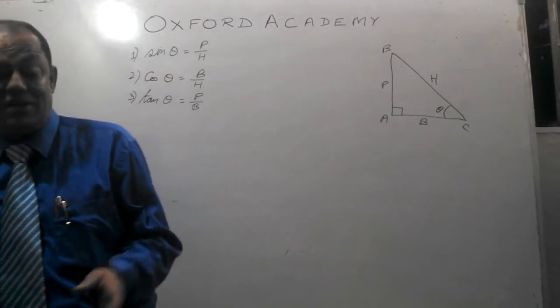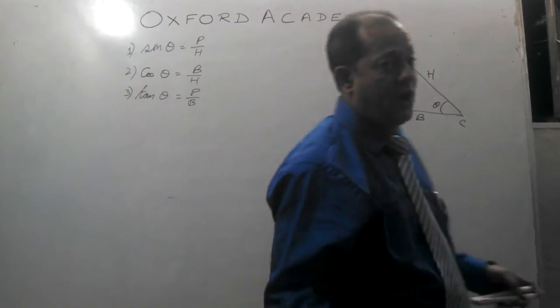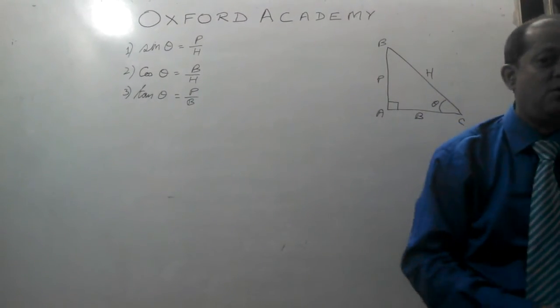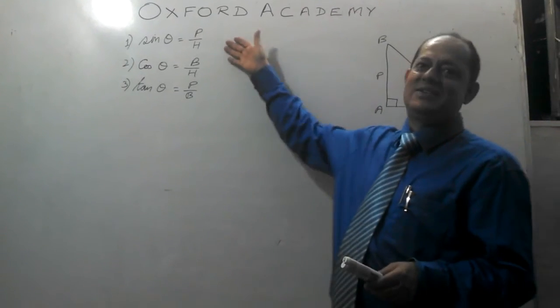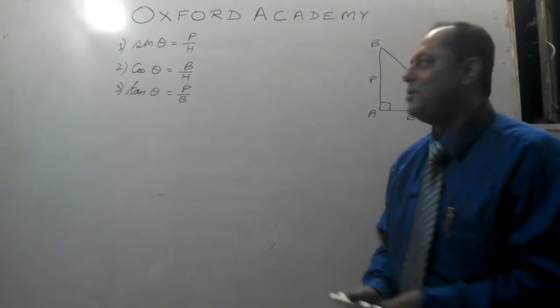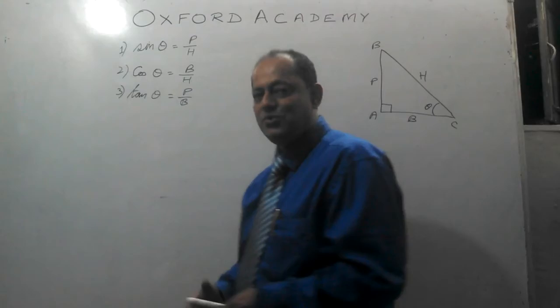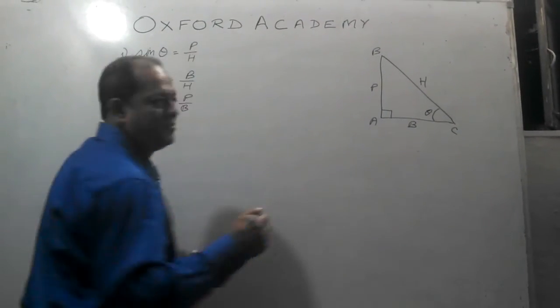It is interesting that some of my students who passed about 10 years back come back sometimes, and when they meet me they tell me P by H, B by H, P by B, so they still remember that, and they are using it in their life again and again.